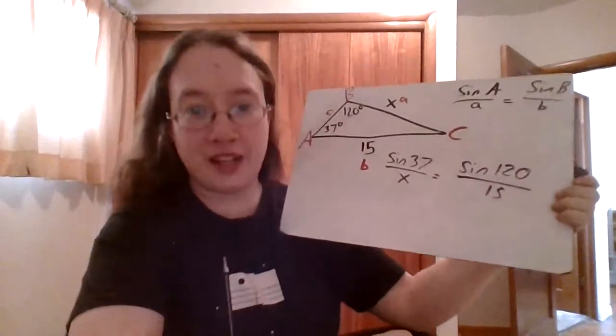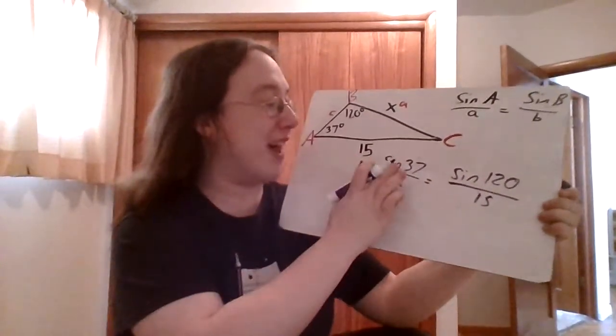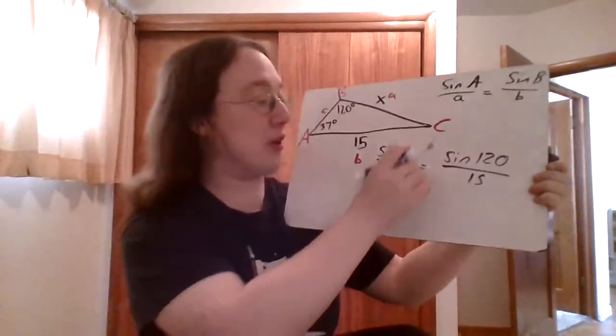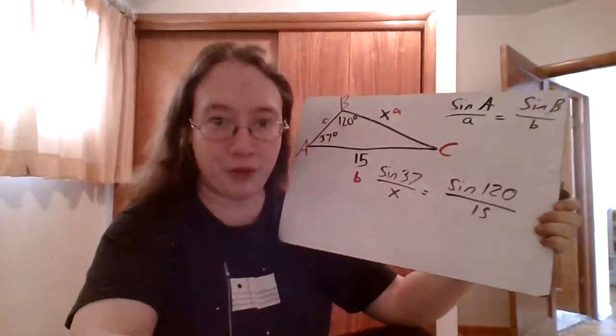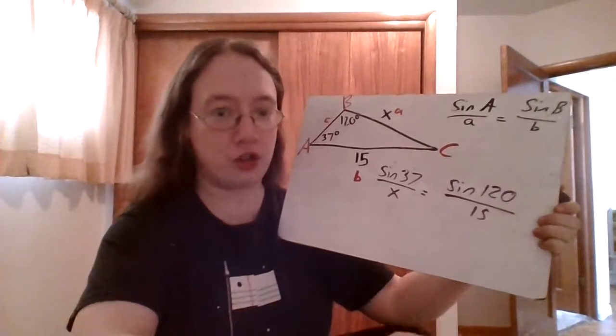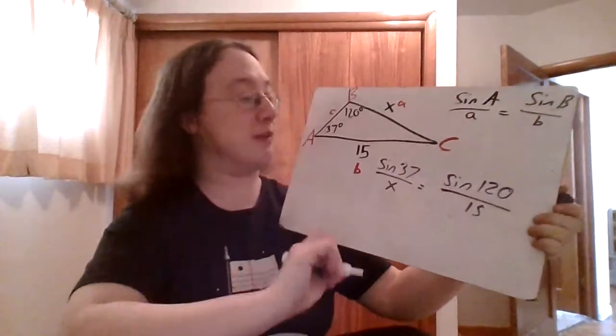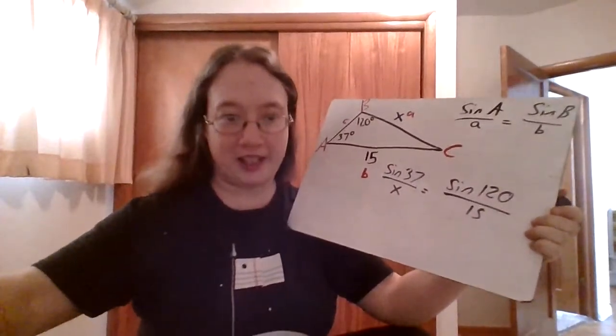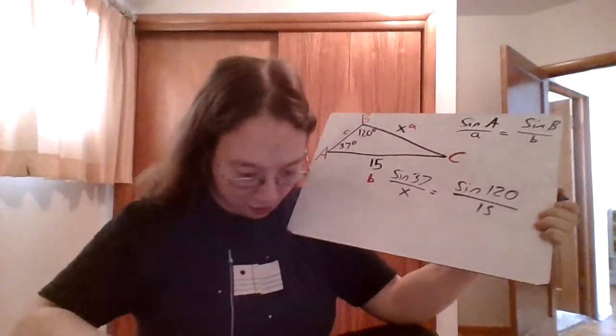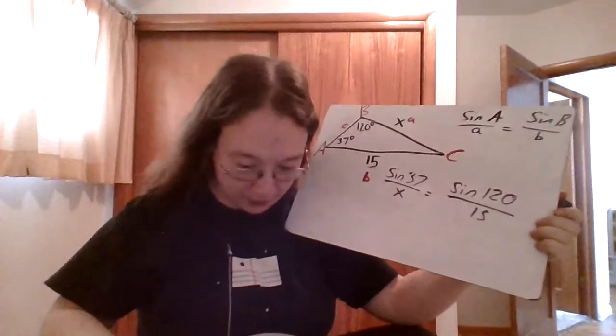Now, when you're setting these up, you do want to make sure that the sine needs to be there. So we can't just go like 37 over x equals 120 over 15. That needs to be the sine of 37 and the sine of 120. Now we're going to turn them into numbers, because the sine of something is just a number. And again, make sure your calculator is in degrees. So we want the sine of 37.